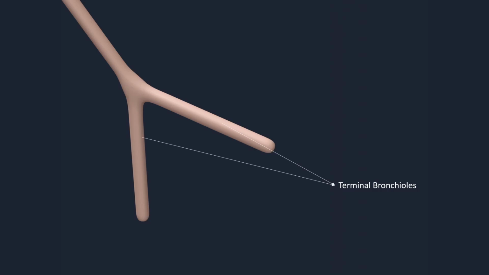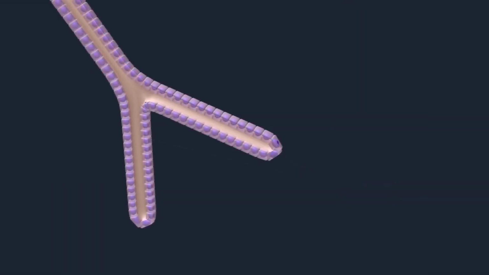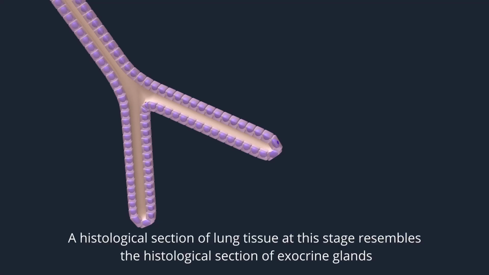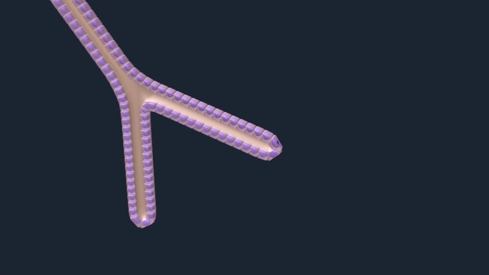Now if we cut a section of these terminal bronchioles and see it under a microscope, you can see that it is lined by cuboidal to low columnar cells, and this gives a false picture of tubuloacinar glands. Due to resemblance of the histological picture of a gland, this stage is called pseudoglandular phase, and it starts from about the 6th week of gestation and continues till about the 17th week of gestation.